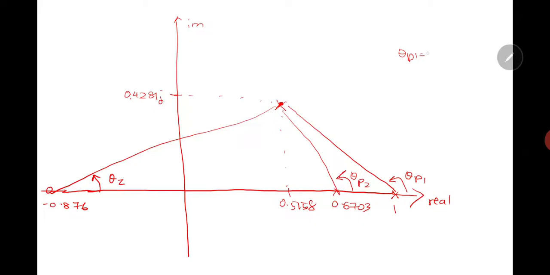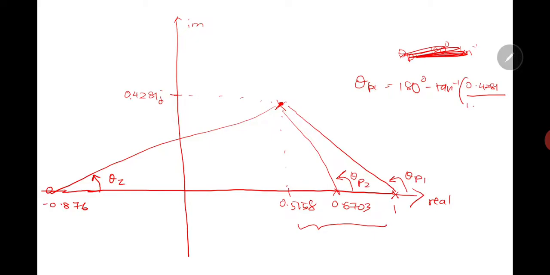If you look at this diagram, theta P1 is equal to 180 degrees minus tangent inverse of, using your trigonometric knowledge, the height, 0.4281, over the width, which is 1 minus 0.5158.